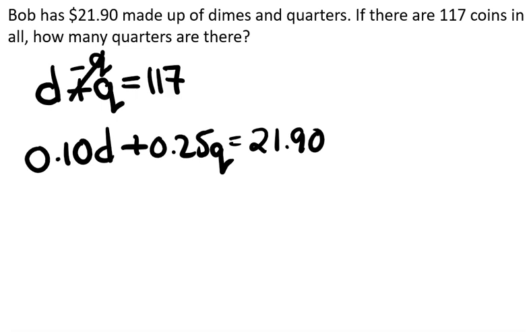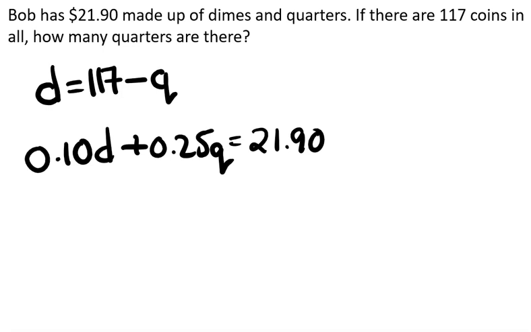But since we subtracted Q on this side, we have to do it to the other, because whatever we do on one side of the equation, we have to do on the other. So this equation is now D is equal to 117 minus Q.